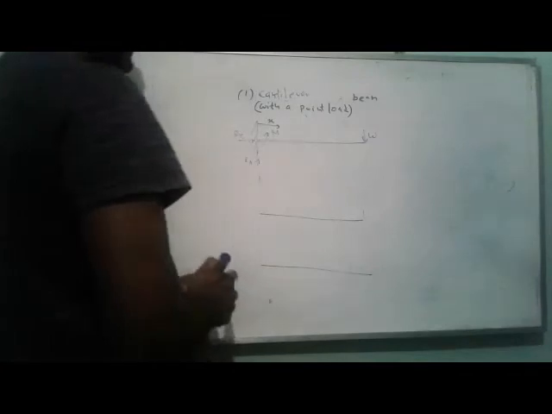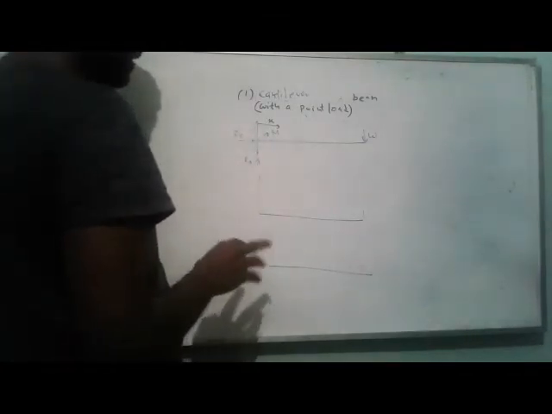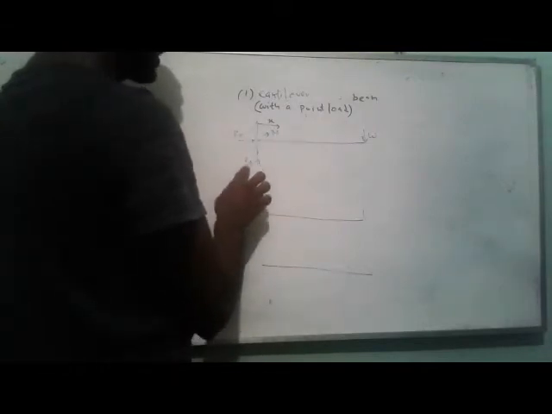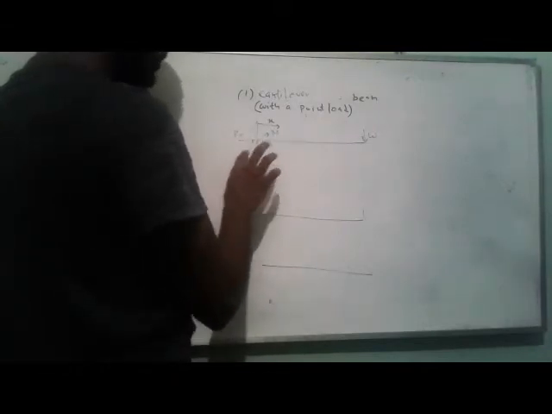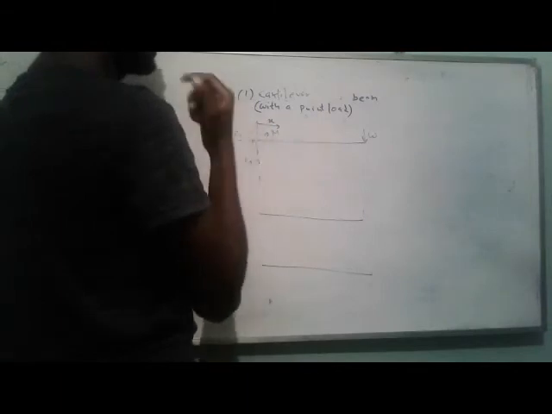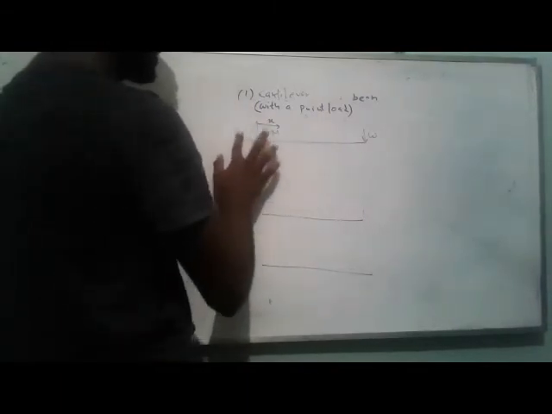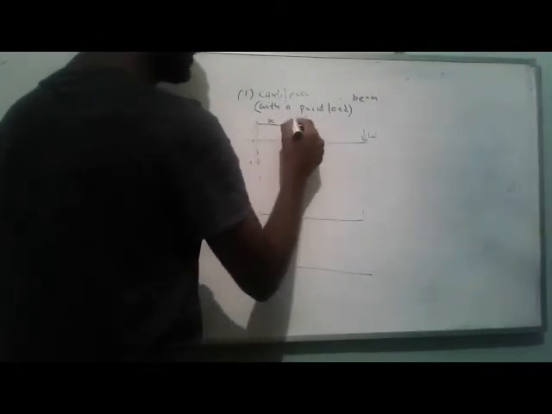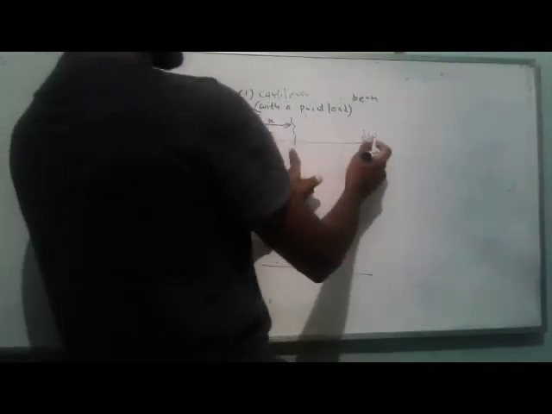I told you in the earlier example, we have to find these external forces first, but in cantilever beams you don't want to find those external forces, because it is not easy to find those forces. Therefore we consider X from here and we consider the equilibrium of this section.